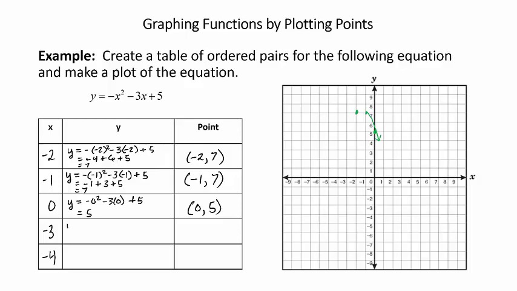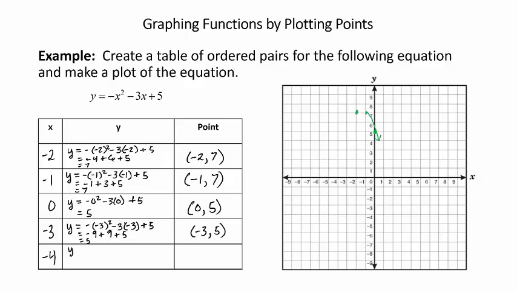All right. So if x is equal to -3, I'm going to have negative times the -3 squared minus 3 times -3 plus 5. Okay. -3 squared is 9, but we have a negative out front, right? So -9, -3 times -3 is +9 plus 5. So -9 plus 9 is 0, and then we're adding 5 to that. So -3, 5 is a point on the graph.